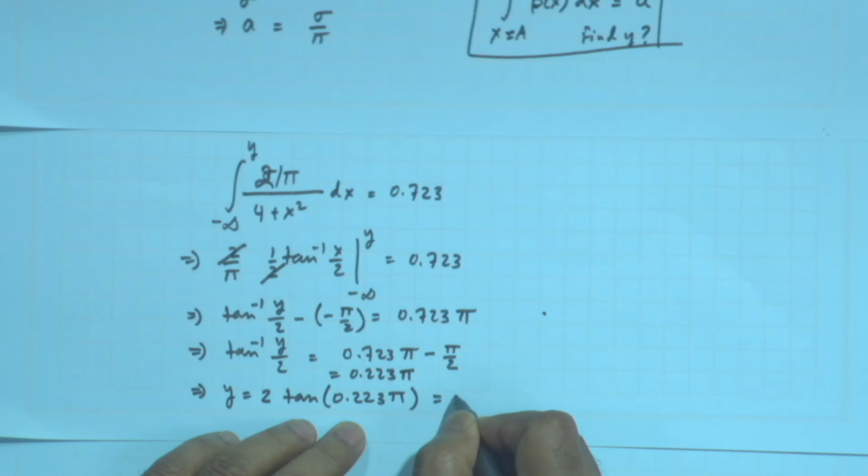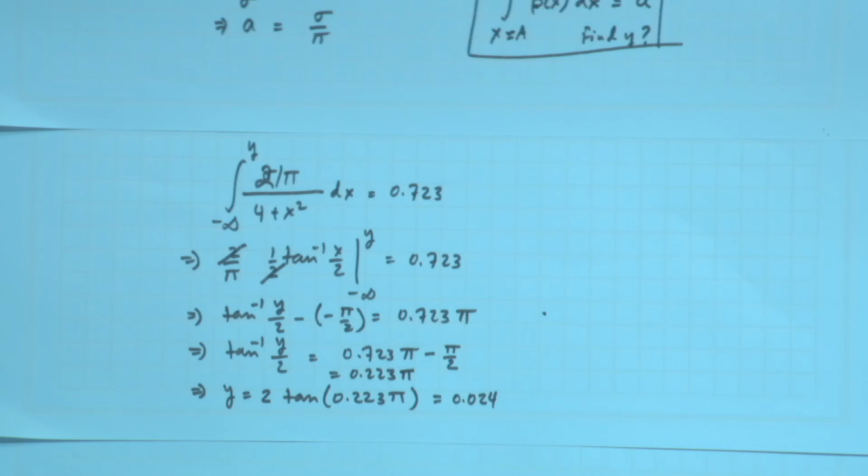How much? 0.024. You are also finding it, two people are finding the same result? Okay, that means it must be correct. So what does this mean then? We haven't done it yet.